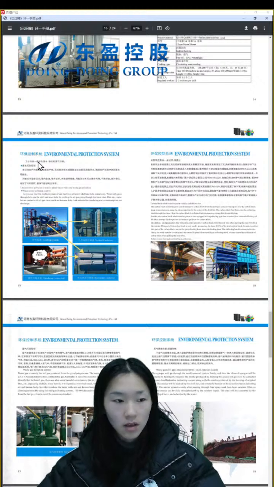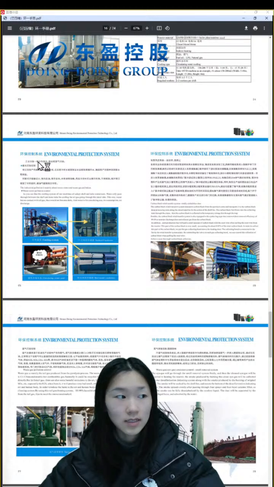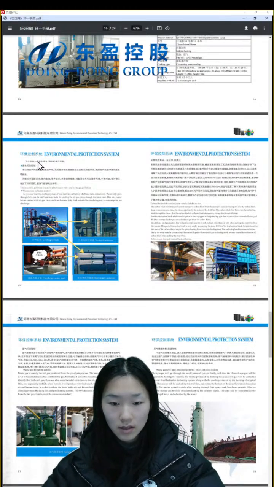I can say we have many high-configuration smoke treatment system devices to make the sulfur below 100 mg per cubic meter, and the NOx content below 150 mg per cubic meter.